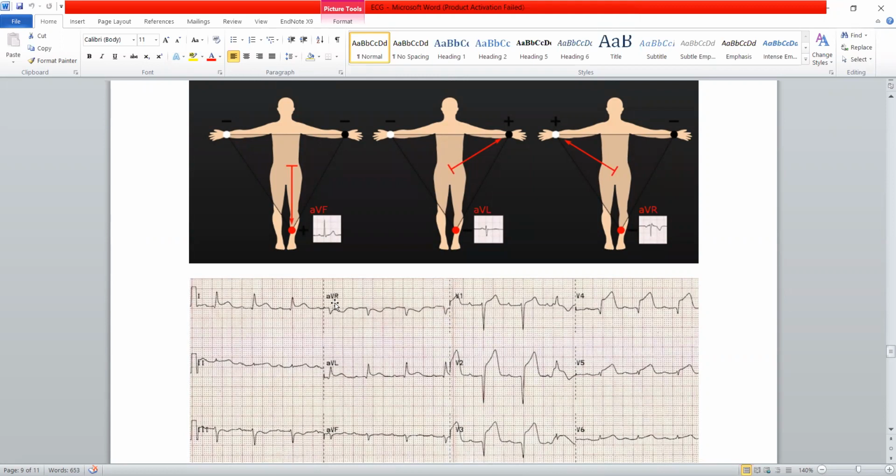I hope you got this point. Normally the current in the heart flows towards the left direction. So that's why it's normal to have all the waves negative in AVR.